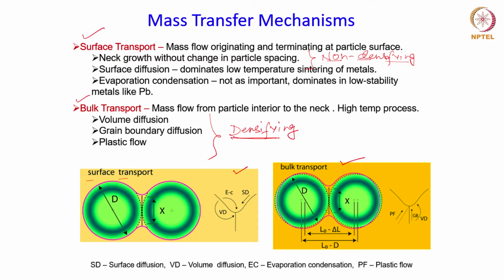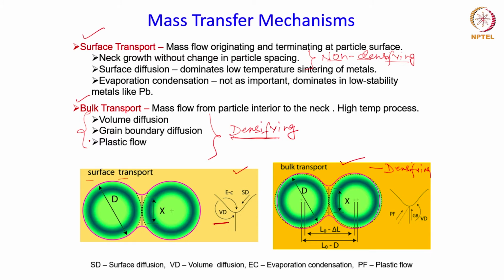So these are the surface transport mechanisms, and these are non-densifying, as I said. And in this picture over here, you can see the densifying mechanisms, which are basically all these bulk transport that takes place.